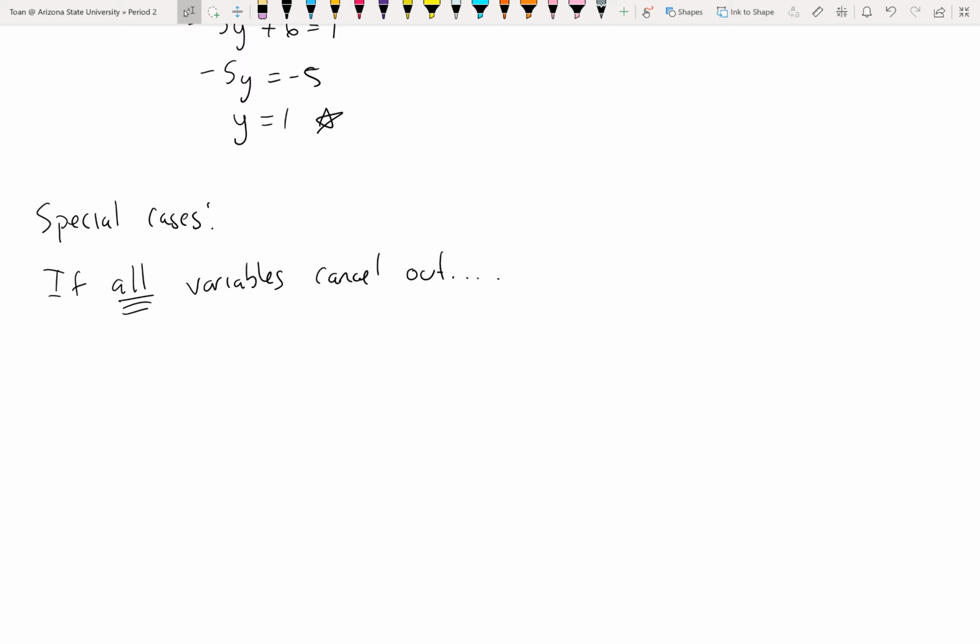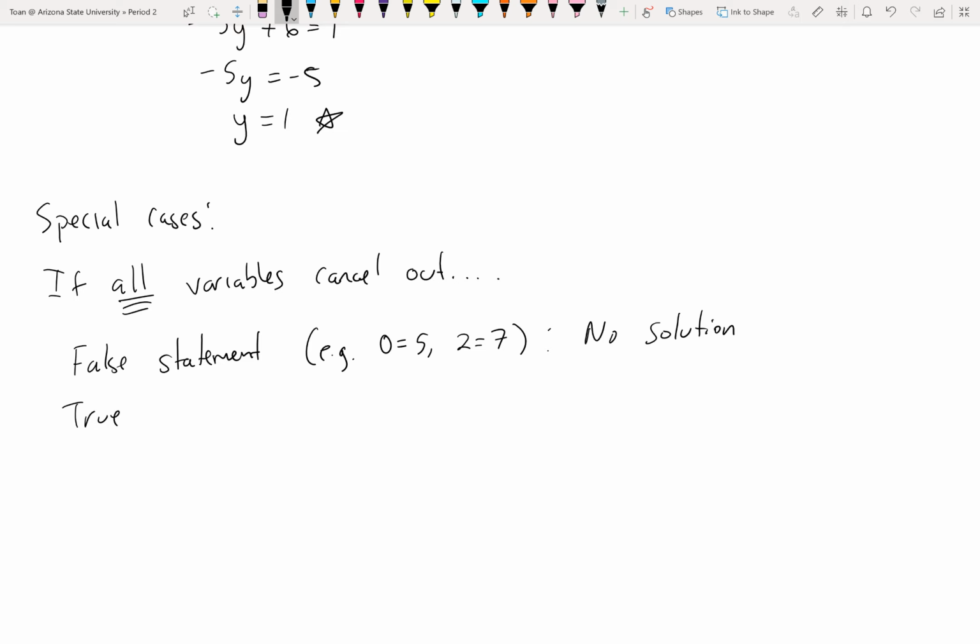If you get a false statement, for example, 0 equals 5, 2 equals 7, if you get something that's not true, the answer is no solution. But if you get a true statement, for example, 0 equals 0, 12 equals 12, something that is true, the answer is infinitely many.